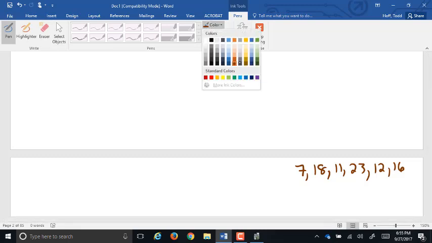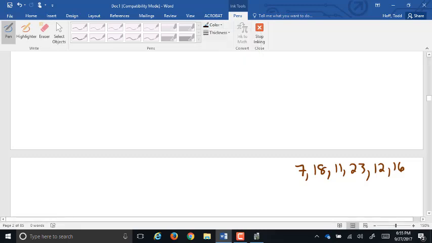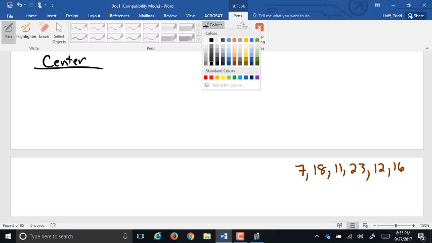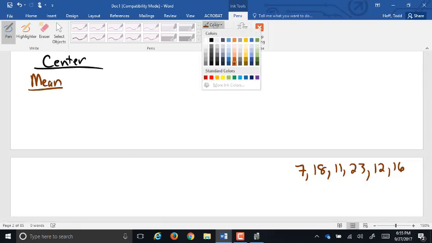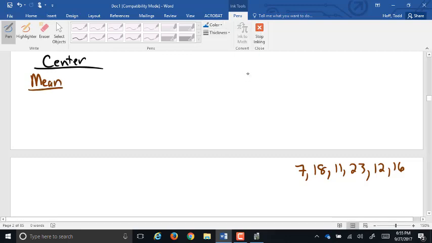Obviously a pretty small set of numbers. Our first measure of center is the mean. Not talking about the personality of your math teacher. The mean is what most of us have always been taught is the average.